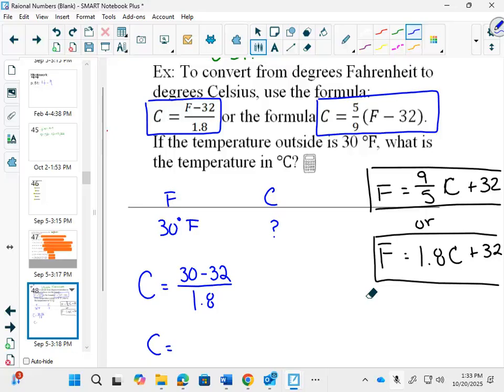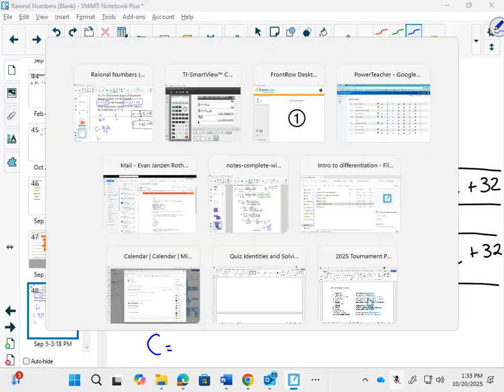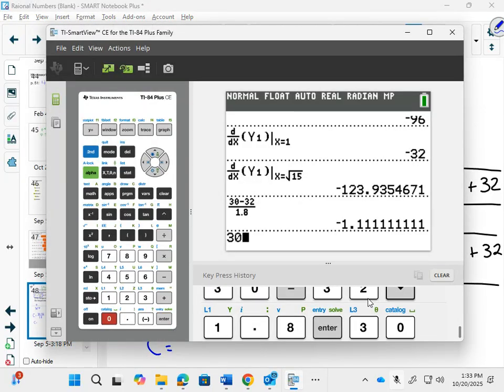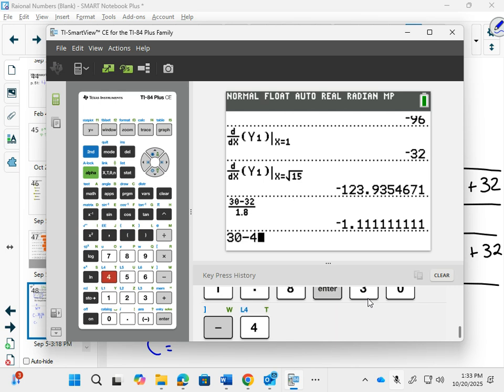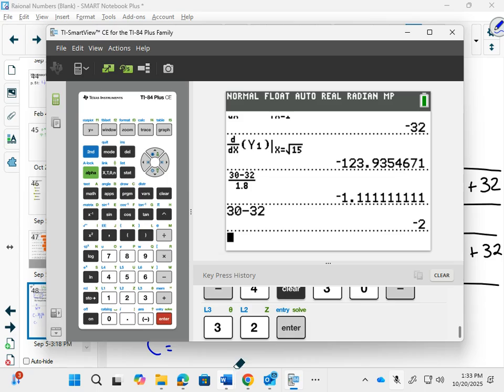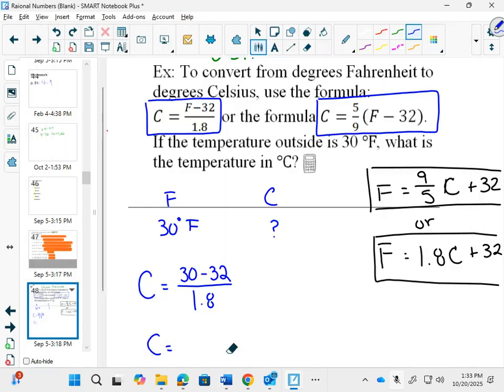Imagine a number line. You're at 30, going 32 to the left. And then let's check it on our calculators. What do you think you get when I do 30 minus 32? I should get negative 2. Sure enough, negative 2.